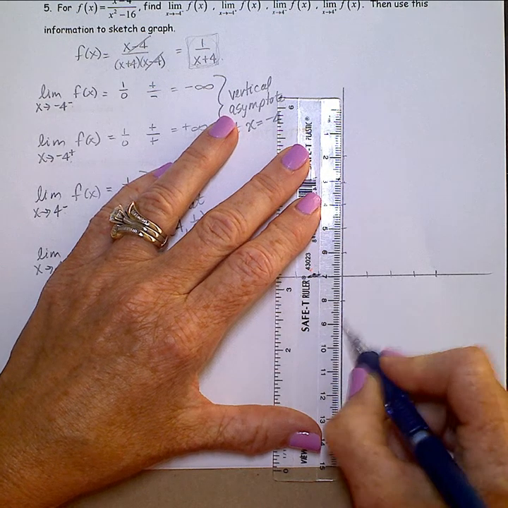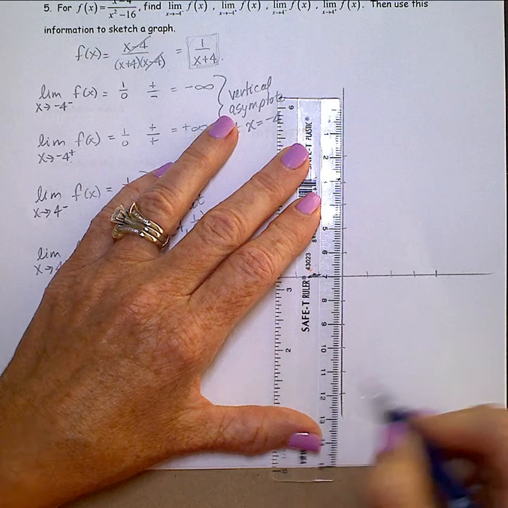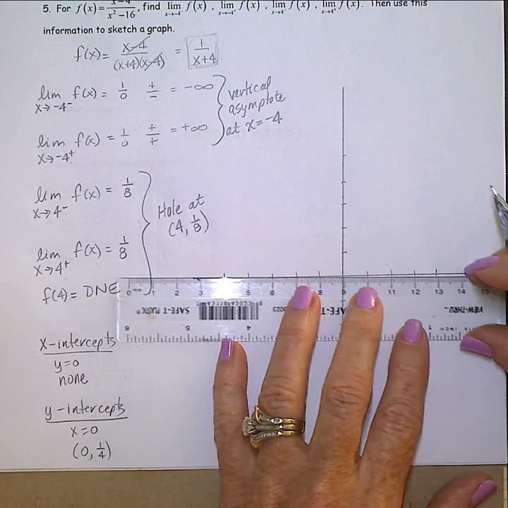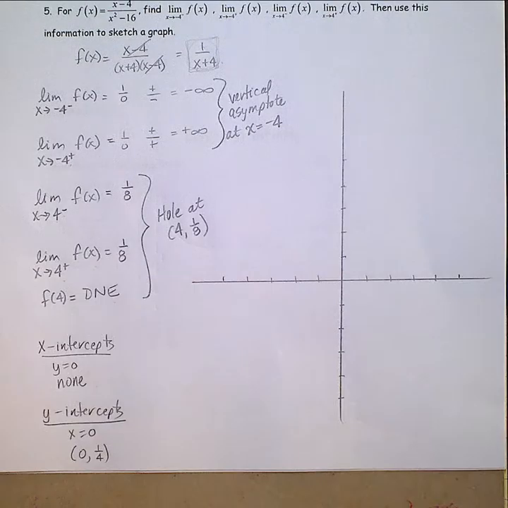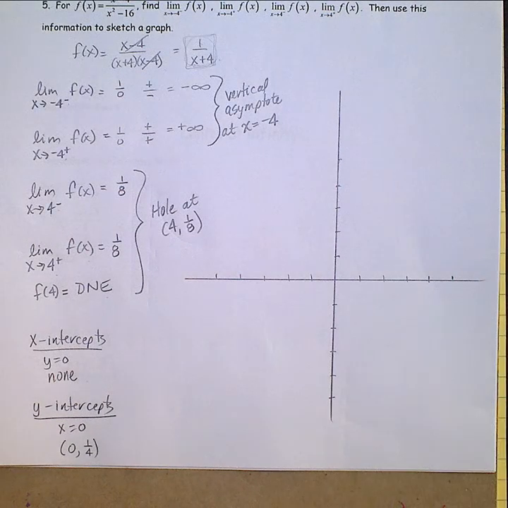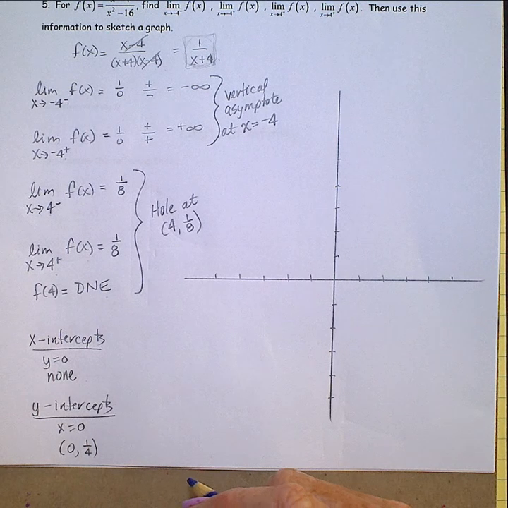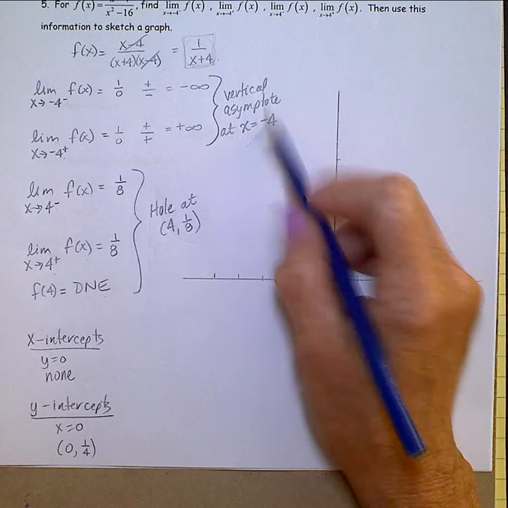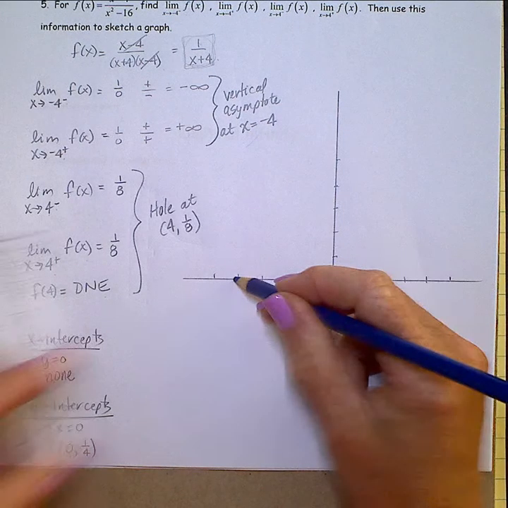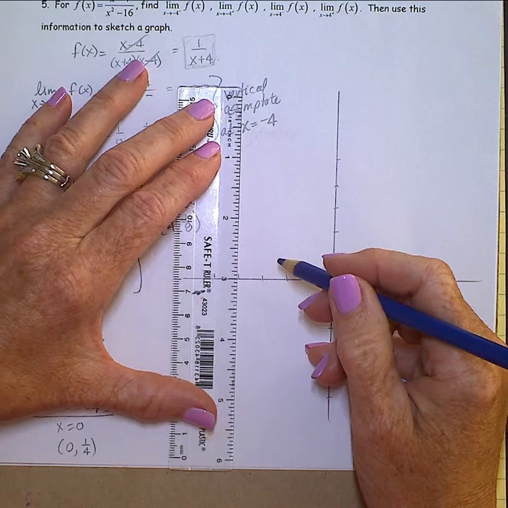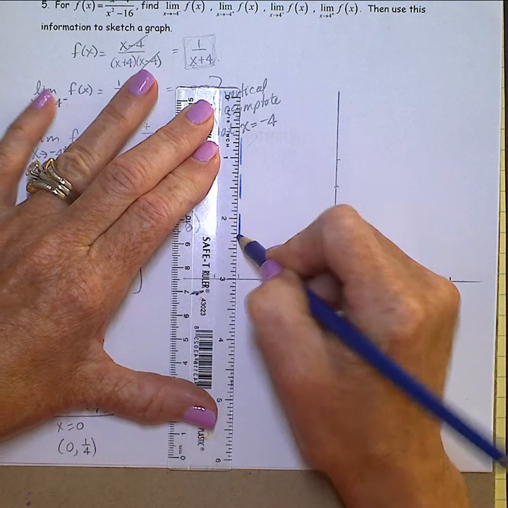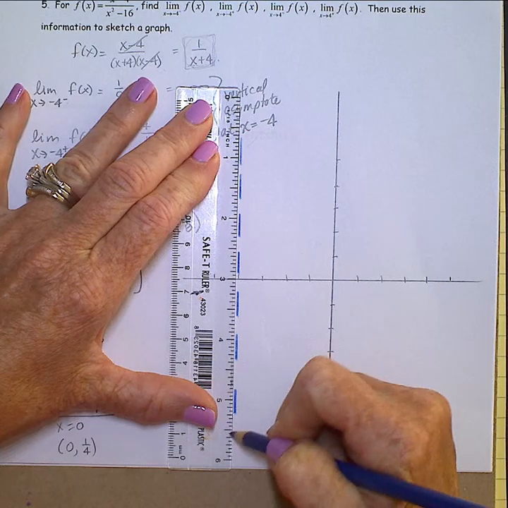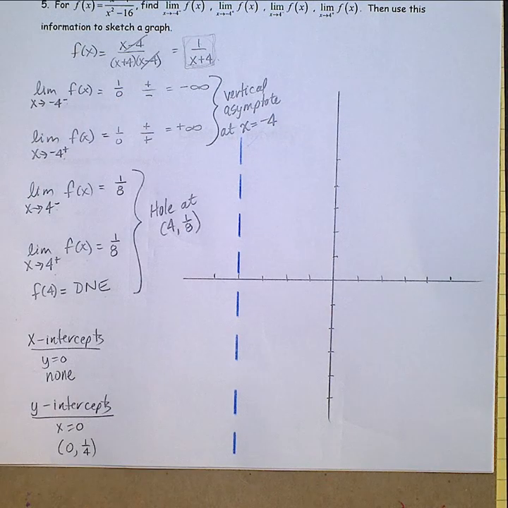We've got quite a bit of space here. I'm measuring off in centimeters. Right, here we go. We had a vertical asymptote at x equals -4.